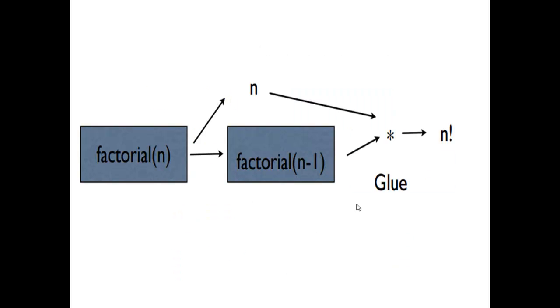So if you see this presentation, to find n factorial, we say n star factorial of n minus 1 will give you the final result of n factorial. So the glue is applied between the parts n and factorial of n minus 1 to obtain the solution n factorial.